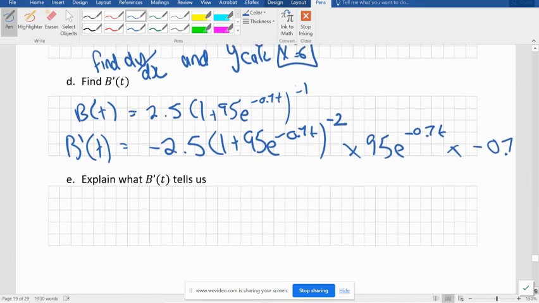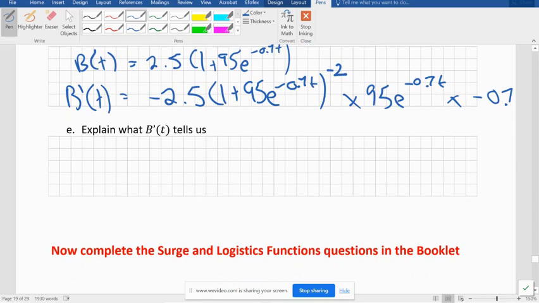What does it tell us? What does b dash tell us? Well, we know it's a rate, don't we? I guess while we're talking in the context of this question, if you think about your graph, you've got time, and here you've got the weight. So I'm just reading off my sheet. That's the weight. So what does that tell us?